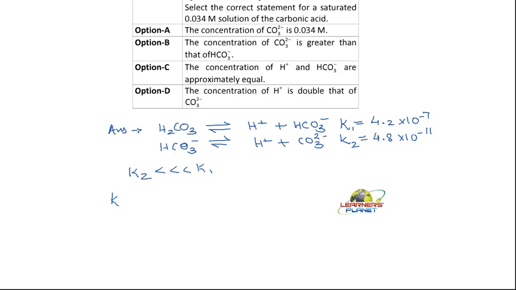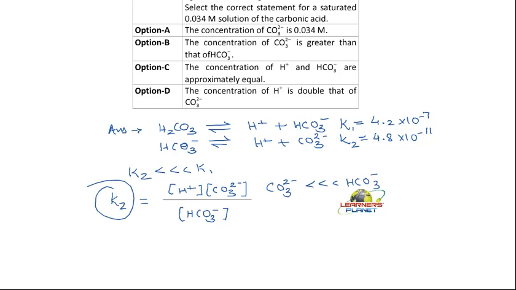If I want to write the equation for K2, it is K2 equal to [H+][CO3 2-], that is the product, divided by the reactant concentration, [HCO3-]. So when the K2 value is less, it means that the concentration of CO3 2- is far less than HCO3-, because this value is some 4.8 × 10^-11.